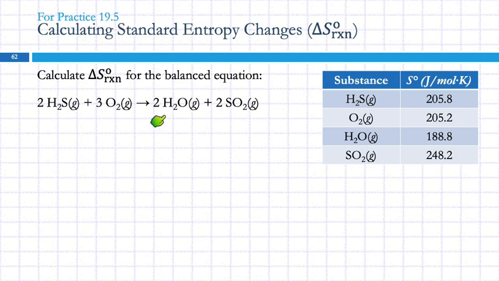So I'm going to look at the entropy that it has at the end, and I'm going to subtract the entropy that it has at the beginning. So remember, delta almost always means final minus initial. This is the final part, and this is the initial part. So here, I made a table with the values that we're going to need, so we don't have to scramble around and look for those.